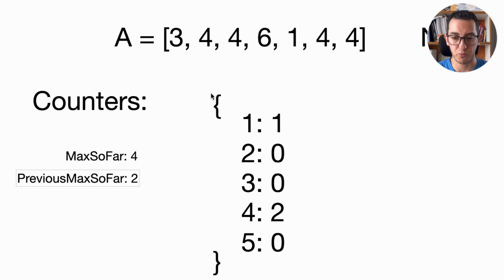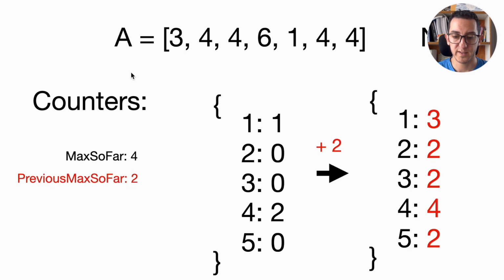So that was on operation 6, where we maxed out all the counters to 2. So what this is going to do is that we're going to add to each one of them the previous max so far, and we get the array that we expect without having to reassign each of these elements each time that we max out the counters, and that is going to save us a lot of time.